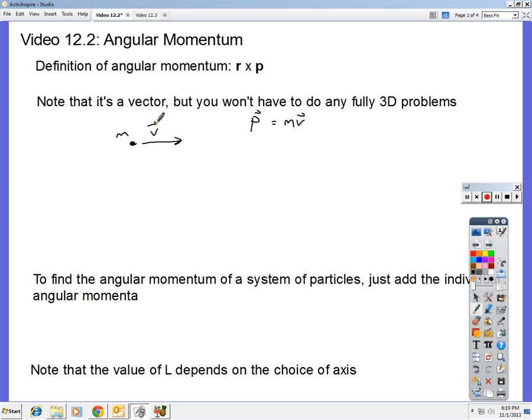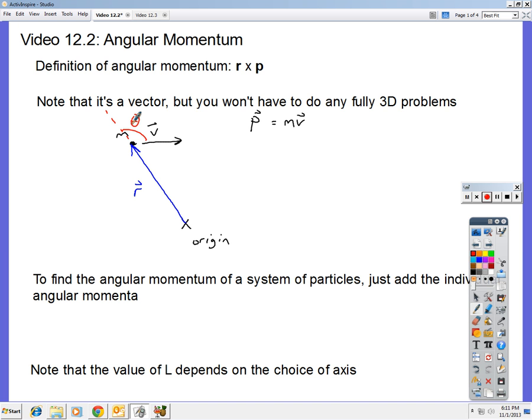Now, if we have the origin here, or pivot point, and you can pick that to be almost wherever you want it to be, you can draw the radius vector r from the origin to the location of that point mass. So it's got a velocity vector v and a position vector r. And that means we can also define an angle between r and v, theta, like that.